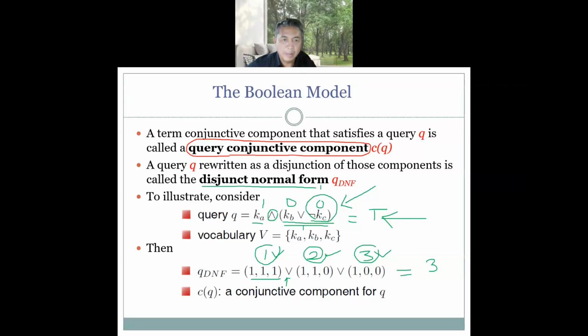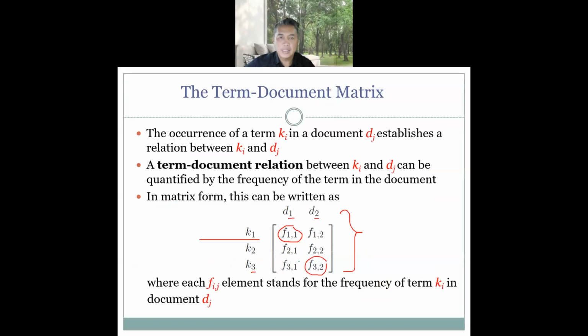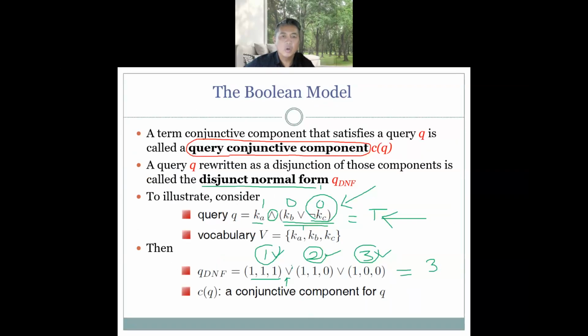Like we go back to here. So this is the conjunctive component. Everything will be combined using AND. But this one can also be rewritten as disjunctive, using this OR. The reason is that for this to become true, we could have many possible binary patterns.